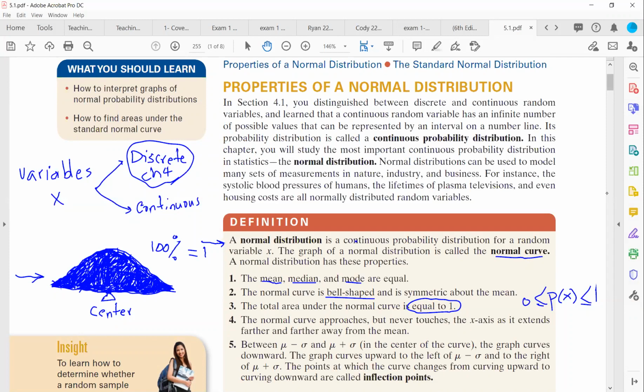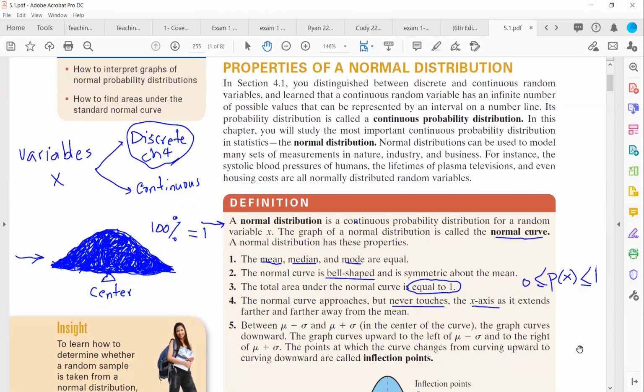Four. The normal curve approaches but never touches the x-axis. There's always a little bit of gap between these two lines and curves. Five. Between mean minus 1 standard deviation and mean plus 1 standard deviation, in the center of the curve, the graph curves downward.